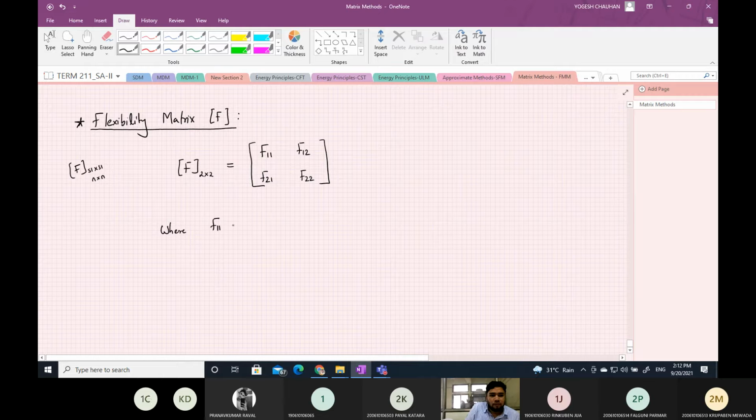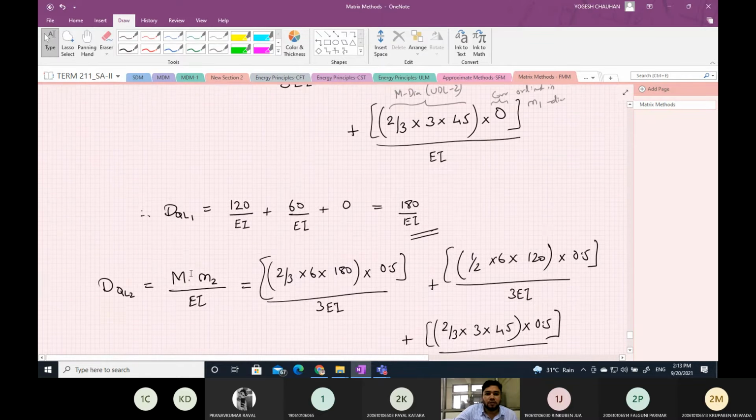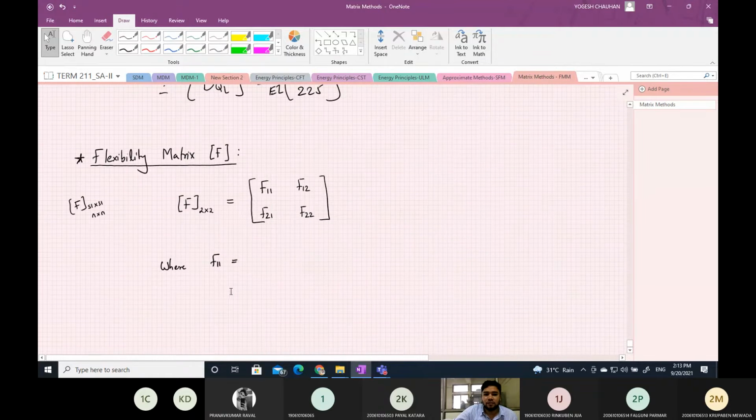Now here, F11 is equal to small m1 by EI, small m1 by EI.